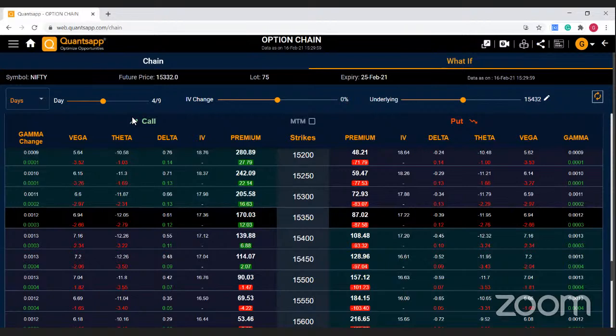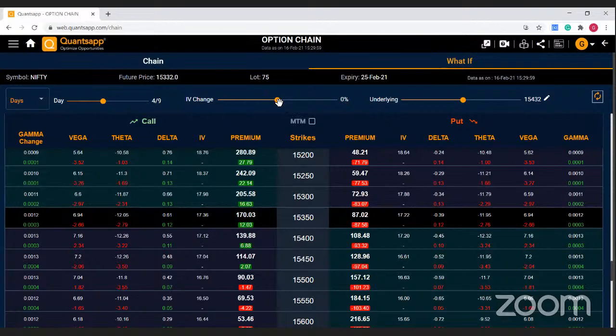It can shoot up anytime, it can fall down anytime. So rather than going too deep into volatility right now, we're going to see how the volatility is going to affect the option premium. So we have almost done with the scenarios. The last part is the IV.